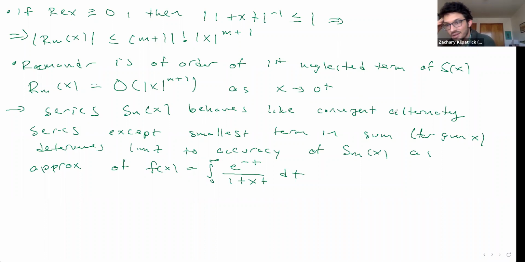So the key take-home lesson here is that you should not treat asymptotic series as something where you take every single term and then converge back to the function. They are practical specifically because you only want to take a few terms in the series, and then you get a fairly accurate approximation of your function.